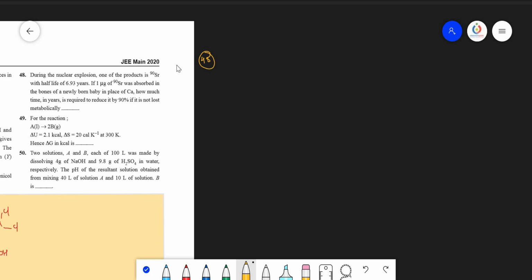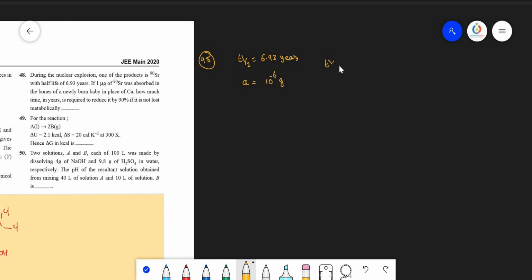So this is directly from the NCERT textbook. T half value is given, that is 6.93 years, and the initial concentration is 10 power minus 6 grams because they mentioned 1 microgram.